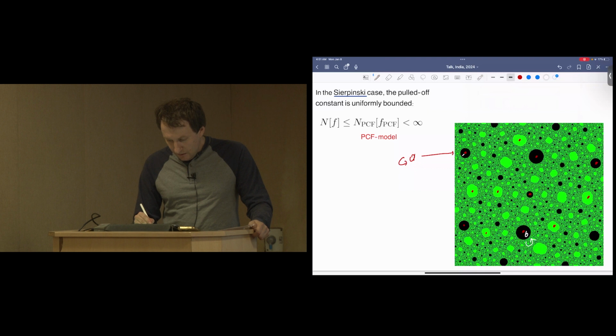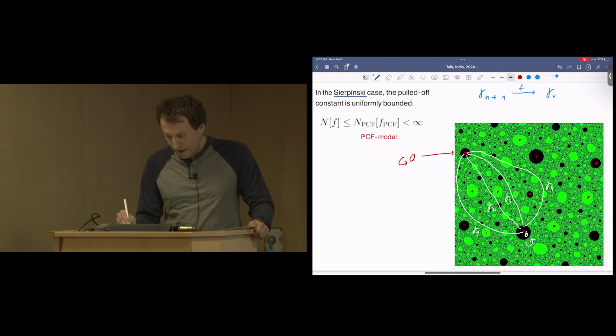Then we can ask for persistent arcs that connect these two points, like gamma 1, gamma 2, and so on, gamma 3, gamma 4, with the property that gamma n plus 1 is a preimage of gamma n, and they are simple and disjoint away from the fixed point.